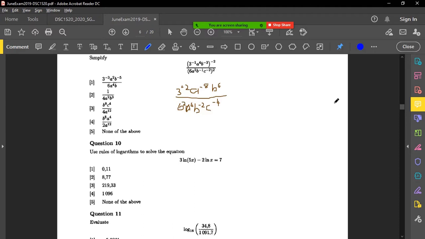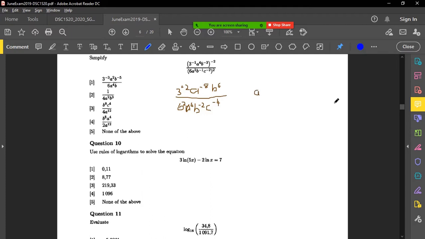So now you need to simplify. Okay, so let's start with the A. Now it's a minus at the top. So 8 would become 8 minus 4, so minus 12? Yes, at the top, you can do it that way.